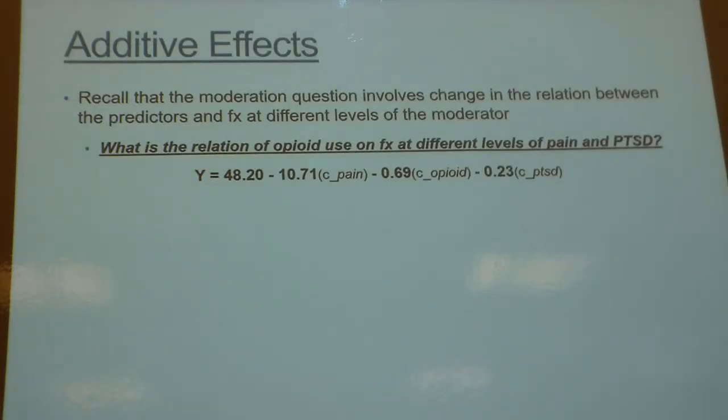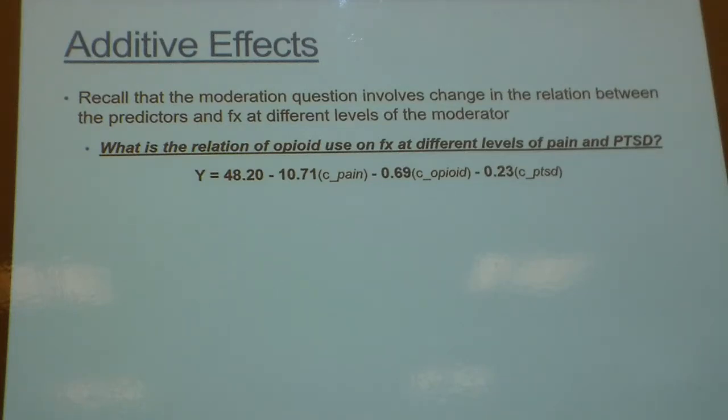Okay. All right. So again, think about that for our moderation effects, right? What we're trying to look at is the impact of opiate use on functioning at different levels of pain and PTSD. So the base rate is opiate use, pain and PTSD. What if we start changing different levels of opiate use?